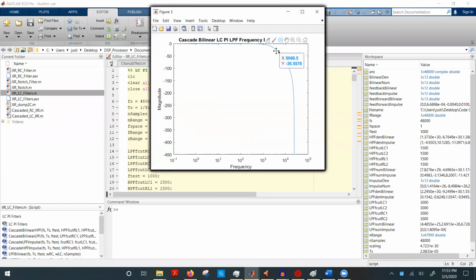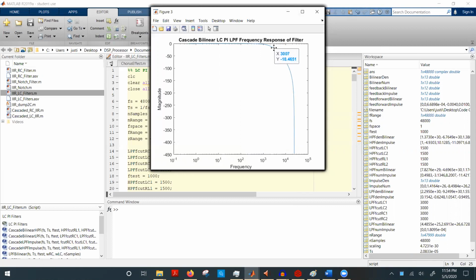So if I go to 3000, it's going to take a while. All right, so it's approximately around negative, it looks like 18.